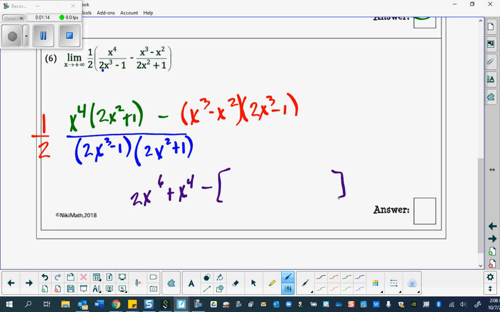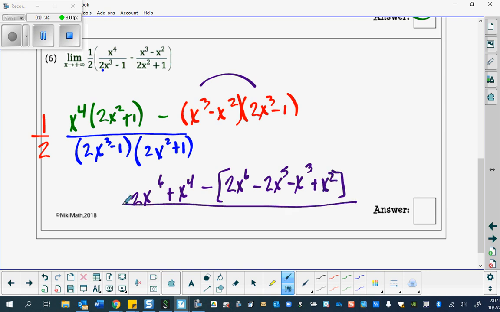So that's going to give me 2x to the 6th. That's my first terms. My inner terms are negative 2x to the 5th. My outside terms minus x cubed, and my last terms plus x squared.